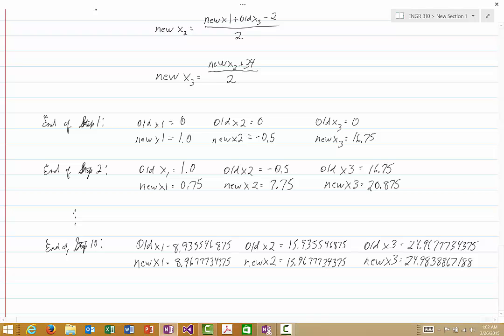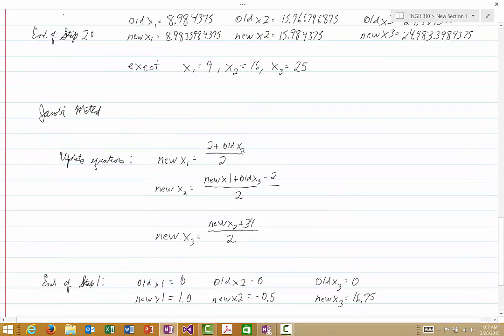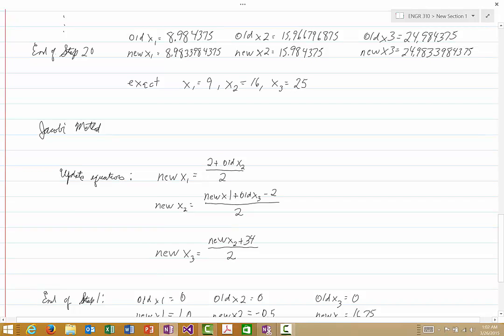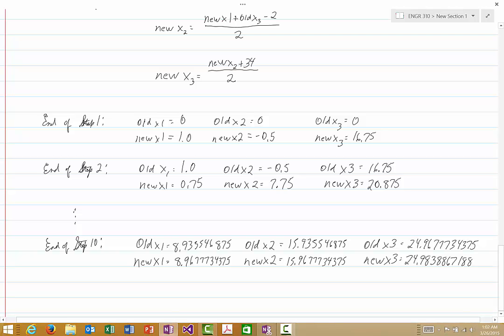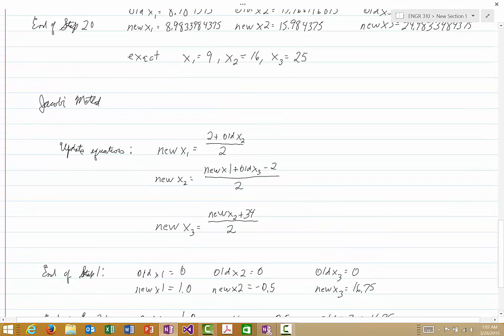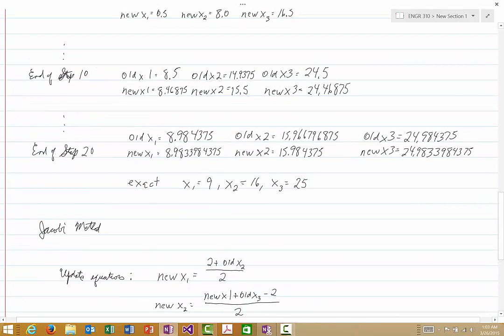And remember that our exact answers were 9, 16, and 25, and notice how close we already are to 9, 16, and 25 after only 10 steps. We're almost as close after 10 steps of the Jacobi method as we were after 20 steps of the Gauss Seidel method.